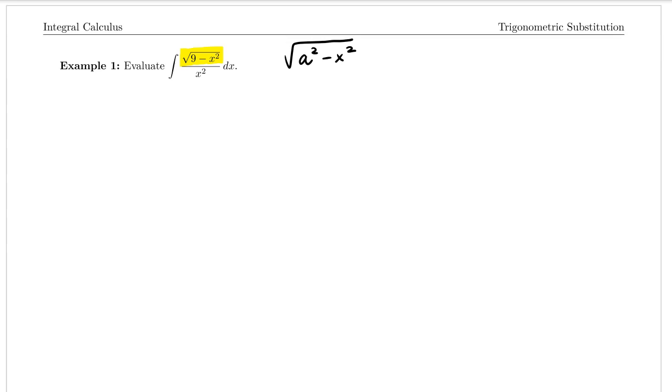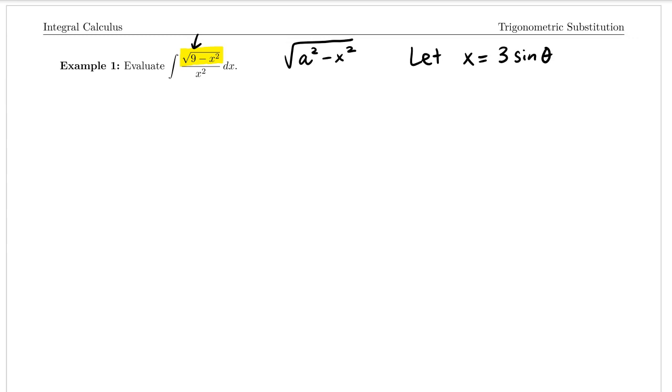And if we have an integral that contains something of this form, then the trigonometric substitution we use is let x equal a sine theta. But in this case, our a value, since we have 9, represents a squared. So that means that if I take the square root of that, a is going to equal 3. So that's the trig substitution that we're making. That's why this section is called trigonometric substitution.